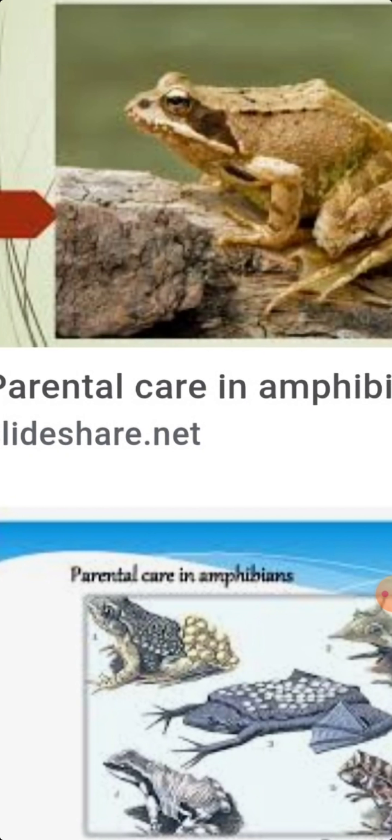The eggs sink into the pockets of the soft skin, which serve as a brood chamber. Thus the female Pipa carries the eggs on her back till they hatch into mature adults.